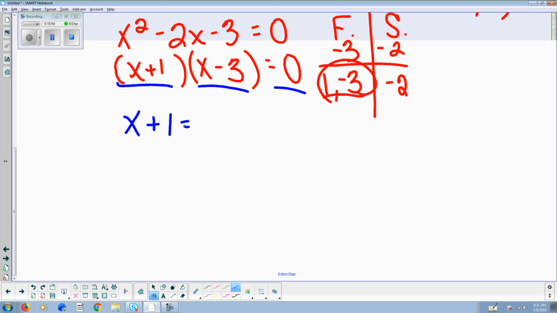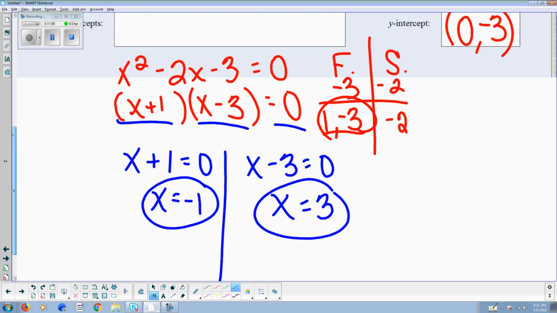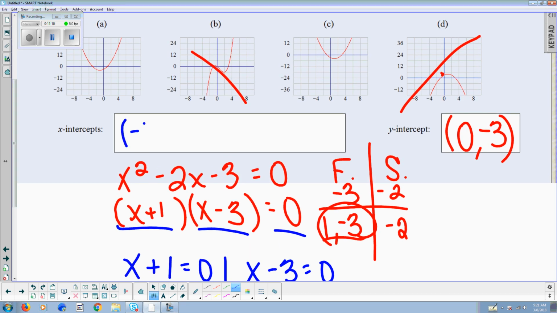So x plus 1 could equal 0, x minus 3 could equal 0. My two solutions, or x-intercepts, are -1 and +3. So -1 and +3 are the x-intercepts. -1, 0, and +3, 0. Separate multiple answers with a comma.